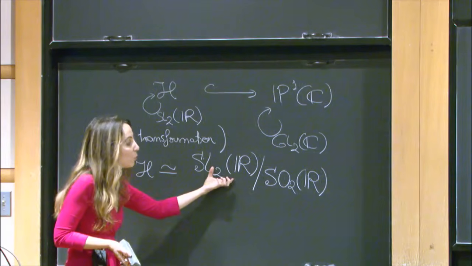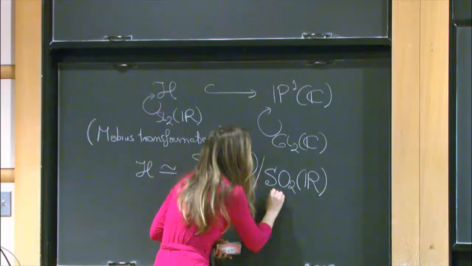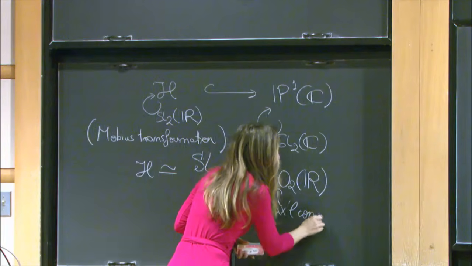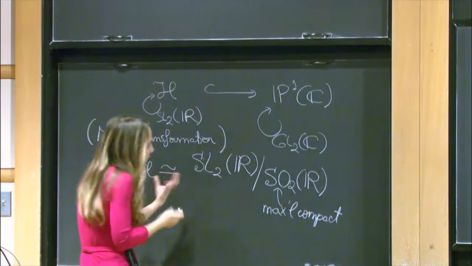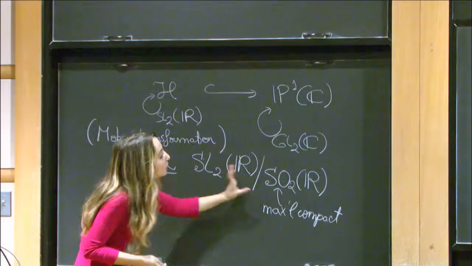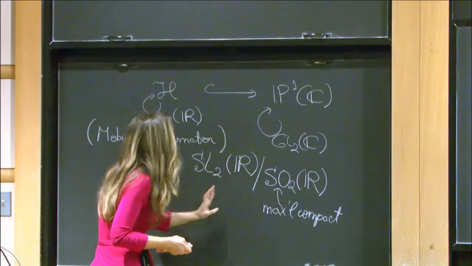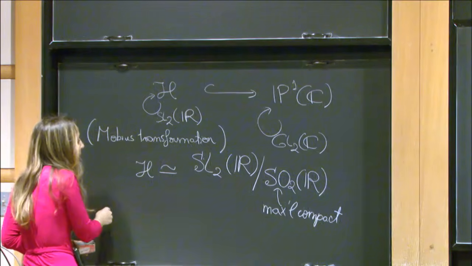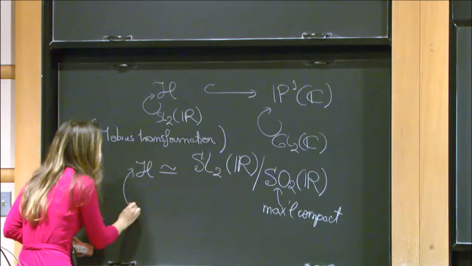You can take the real points of that, and you can take the quotient of that by a maximal compact subgroup. And so what you get is called a symmetric domain for that group. And a priori, it just has the structure of a real manifold. On the other hand, if you look on this other side, the upper half plane has a natural complex structure.